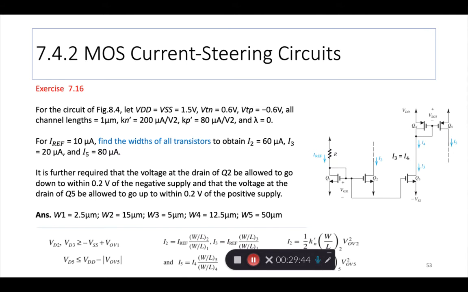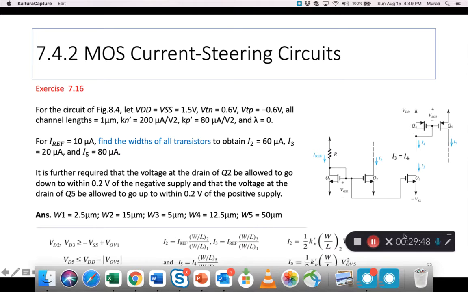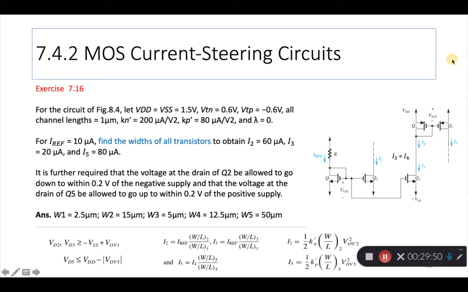Okay? All right. So we've learned steering circuits, we've learned current mirrors. There are more problems. Many of the problems are about the same circuit that we've already discussed quite a bit in theory.